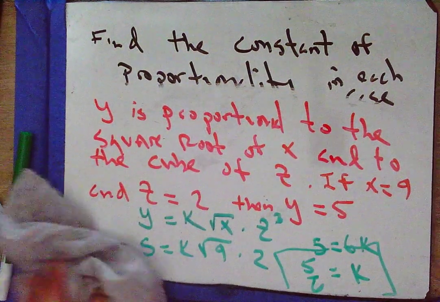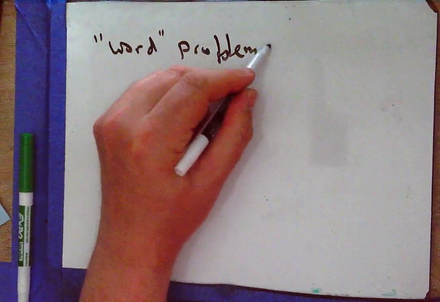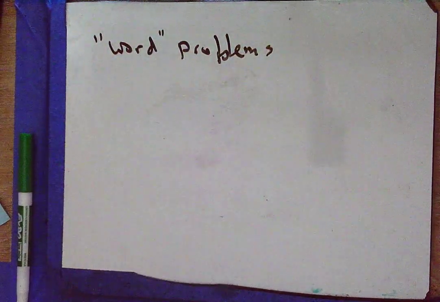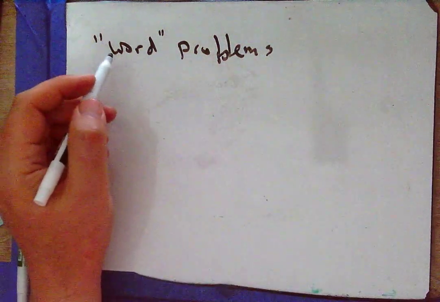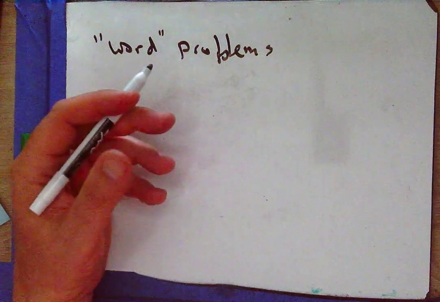Now, I showed you some examples of how you've been using variation models for a long time now. You'll actually run into some, I guess you want to call them word problems, but not really, because they sound like the other problems we've done in variation, but they have real-world applications.